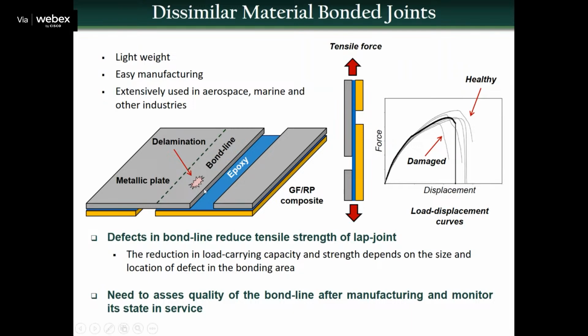So the lap joint structure, as I discussed this morning, in the aviation industry now you still see that widely in the in-service aircraft, where they use rivets, mostly titanium and aluminum rivets, to join those structures together.